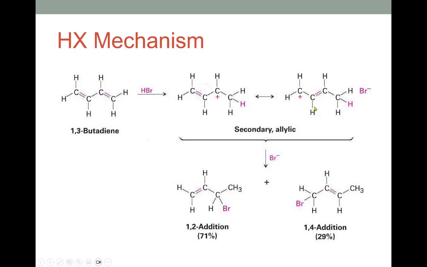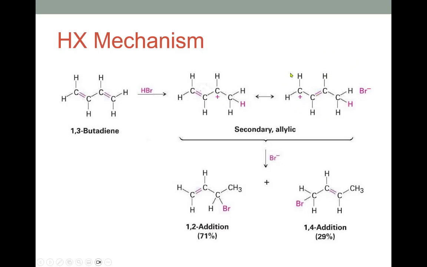Now, of course, this is less stable. Having the primary carbocation compared to a secondary carbocation is less stable, but in both cases, these are so-called allylic carbocations in that they are one step away from a double bond. And so this isn't a traditional primary, it's a primary allylic, or over here, a secondary allylic carbocation.